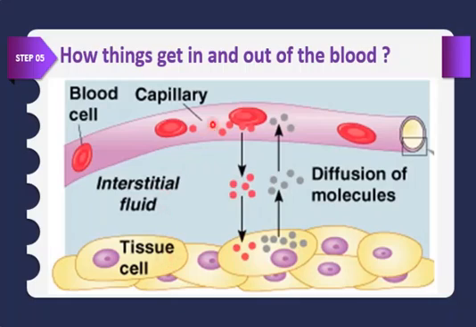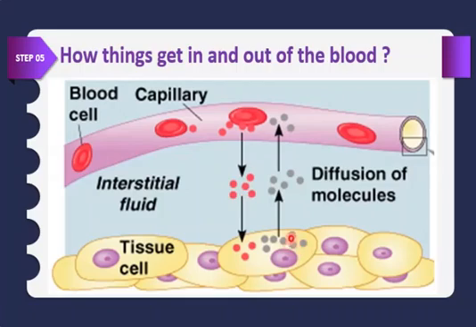So in this way things are being transported, and the main process by the capillaries is diffusion, that is the movement of molecules from higher concentration to lower concentration area. As you can see, oxygen is present in higher concentration in the blood vessels and in lower concentration in the cells, so it will diffuse into the cells.